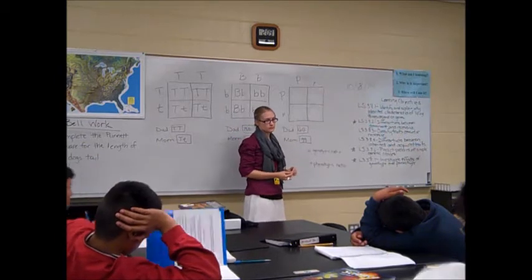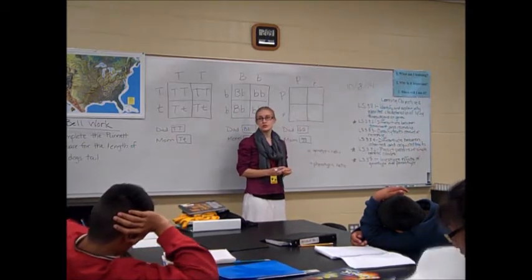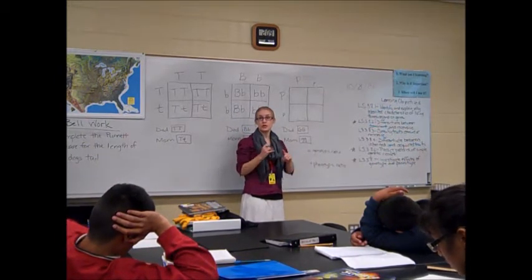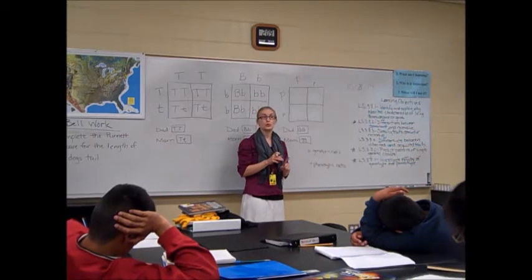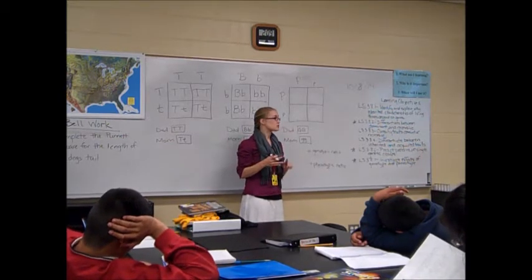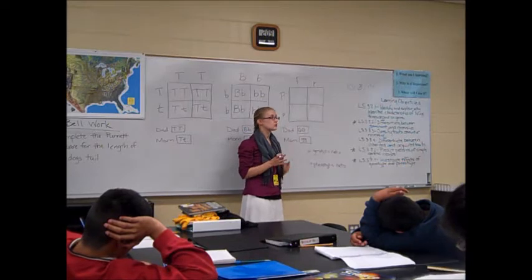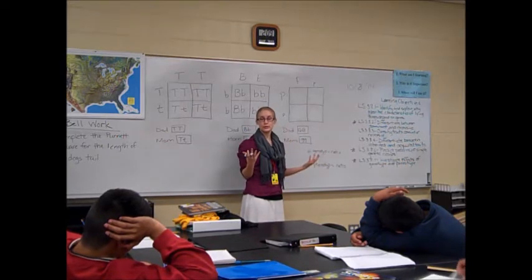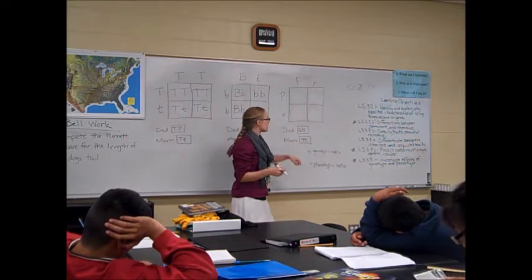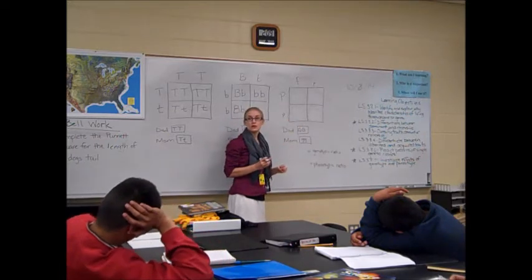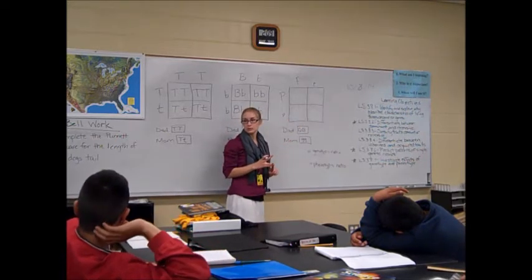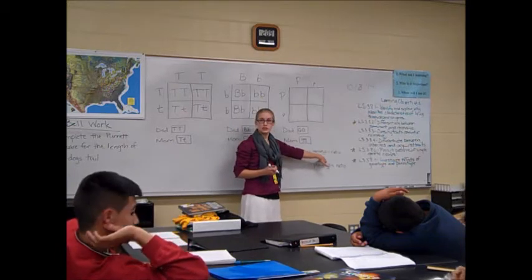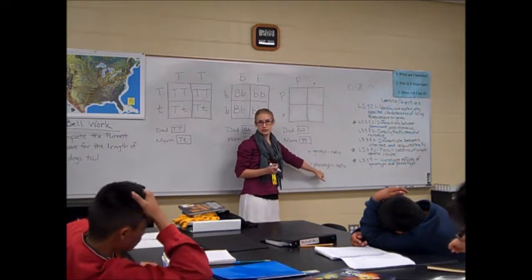Physical features you can see. Examples of which would be the color of a flower, whether it's purple or white, your hair color, your skin color, the shape of your nose, your ears. Those are examples of phenotype. And you can actually calculate the ratios for your genotype and phenotype. We call those genotypic ratios and phenotypic ratios.